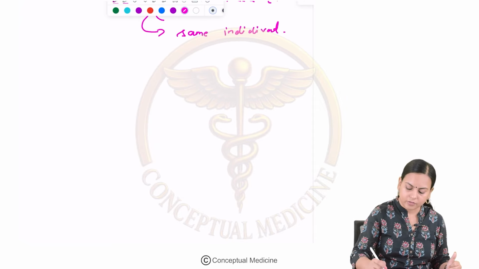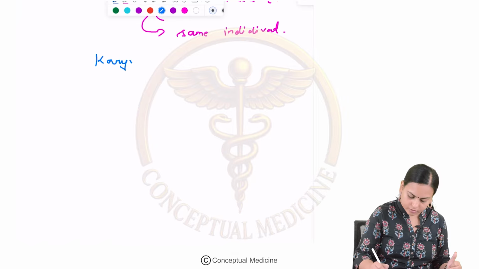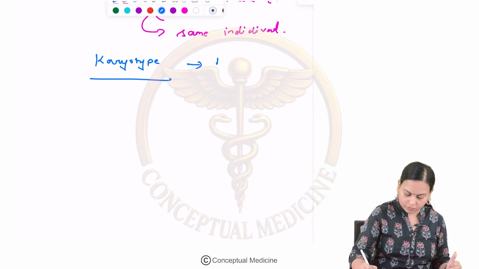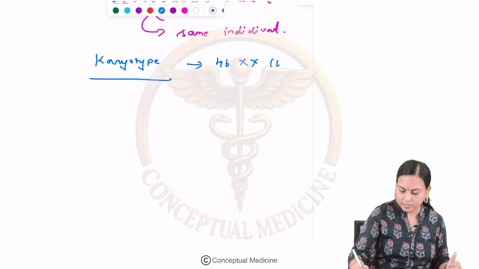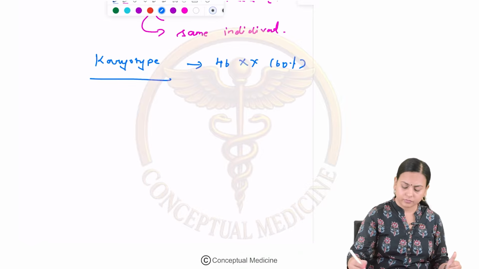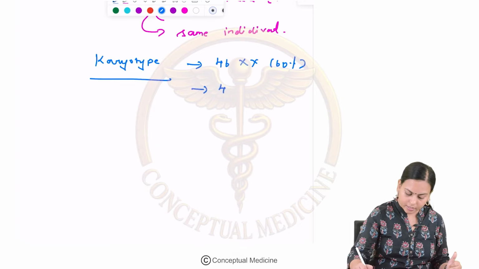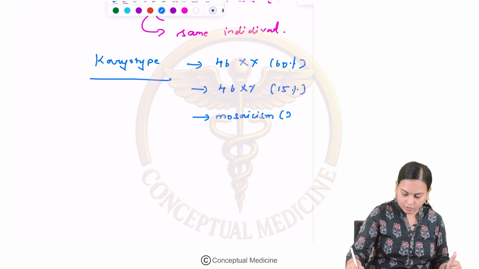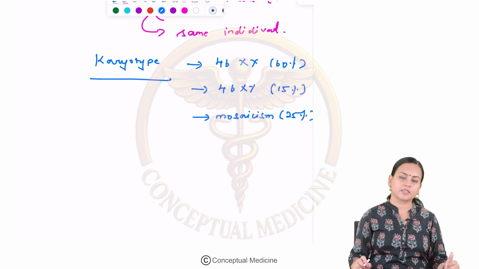Here the karyotype will be 46XX in 60% of the people and 46XY in 15% of the people, and it can be due to mosaicism in 25% of the cases.